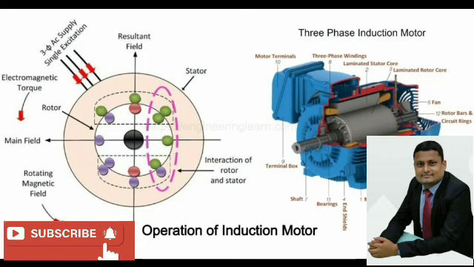Now we already know the induced EMF per phase EPH equals 4.44 F phi TPH into kW. Neglecting the voltage drop in the stator, EPH equals VPH.